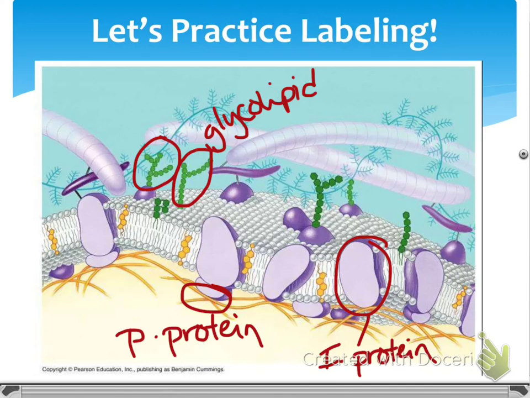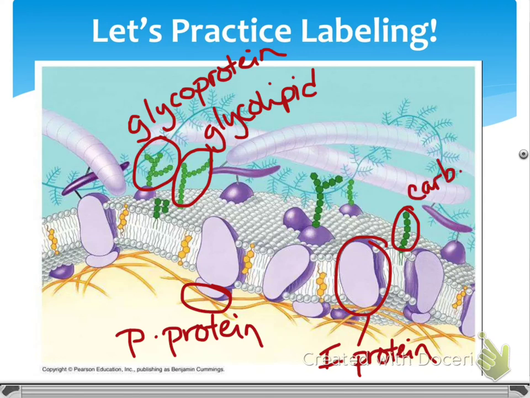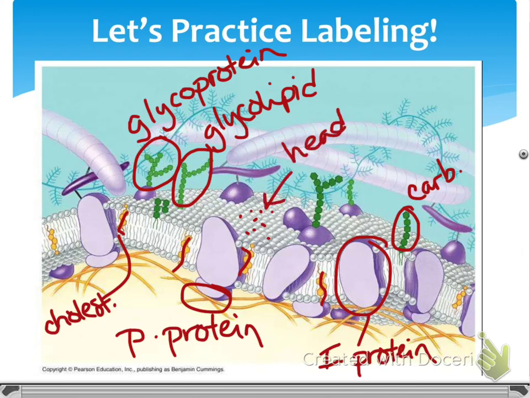This one is a glycoprotein. And the little green thing in general is a carbohydrate. The yellow things here, there's a bunch of them, are your cholesterol.